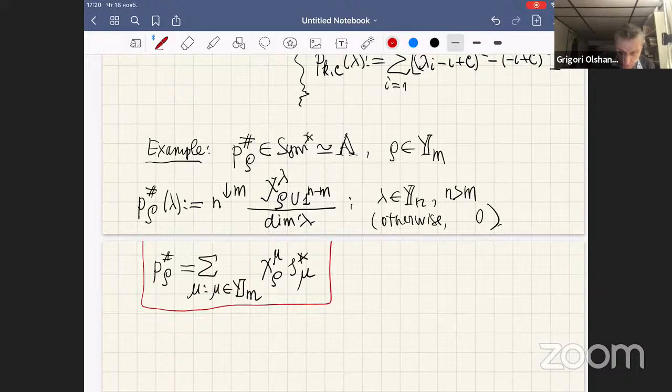What is the meaning of this? We assume that m is fixed.